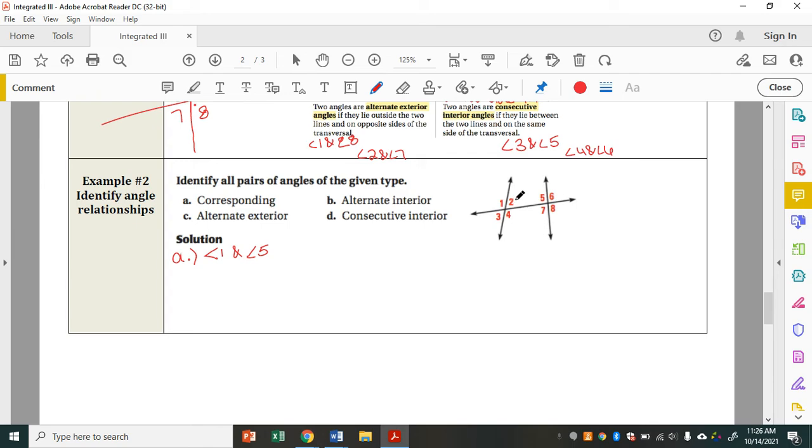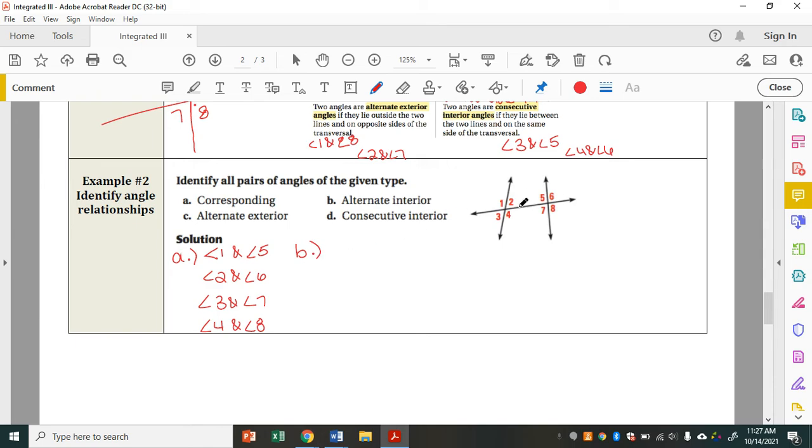Angle 2 would also correspond with angle 6. Angle 3 and angle 7 would be corresponding angles. And then lastly, angle 4 and angle 8. So all 4 of these pairs are examples of our corresponding angles.